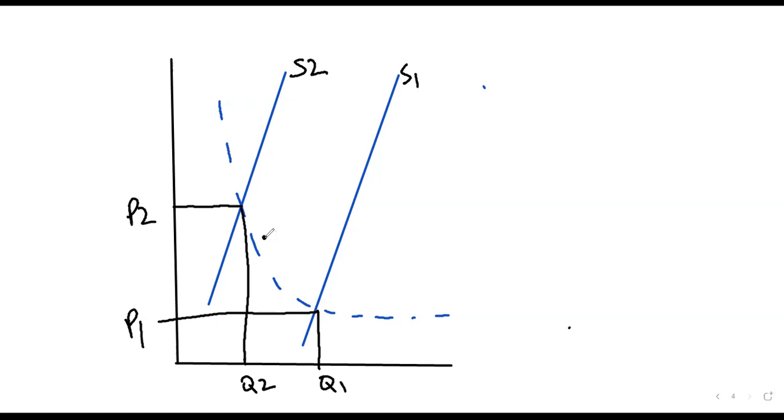Let's take quantity demanded here. Let me use a different color so that you can see. Maybe our demand curve is here. This is our demand curve. The blue line, like the parabola kind of shape.